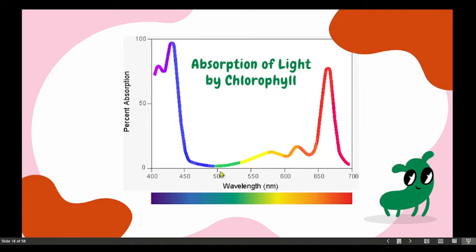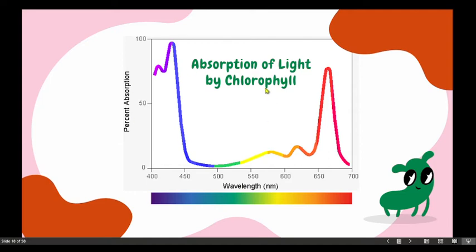If it's not absorbing it, it is reflecting the wavelength. So the color that is being reflected is the one that is perceived by our eyes. That's why we see color green with plants that have chlorophyll.